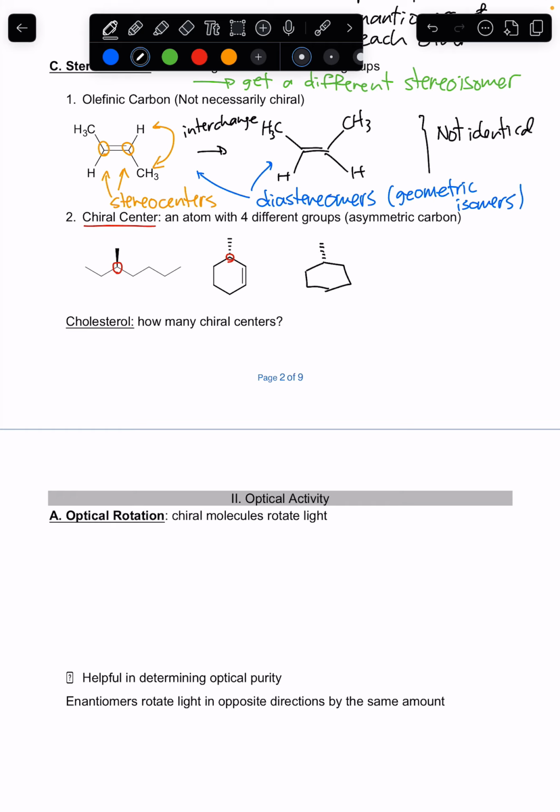Sometimes at the beginning, some students might get tripped up by this, but this molecule I just drew is not chiral, and this is not a chiral center, because it's got methyl and hydrogen, so those are 2 different things, but these 2 methylene or CH2 groups are identical, and so it doesn't have 4 completely different groups attached to it.